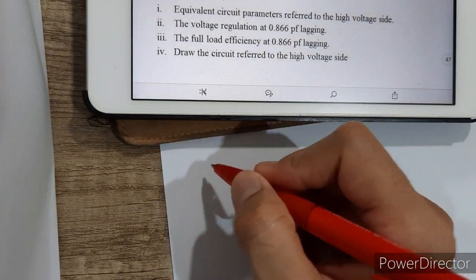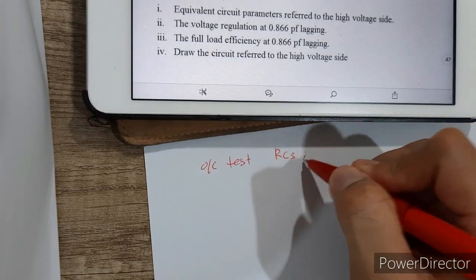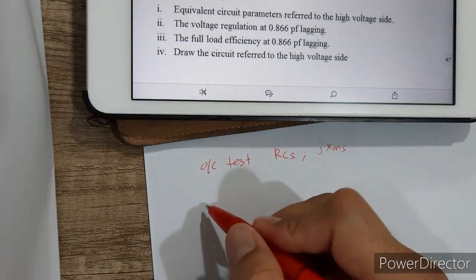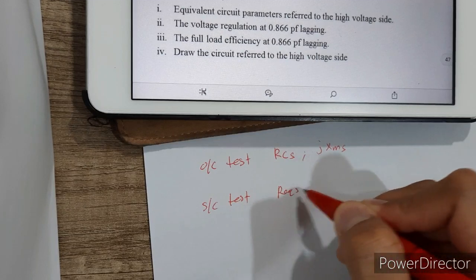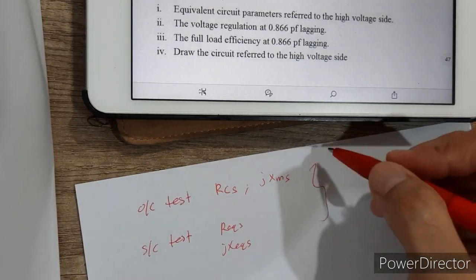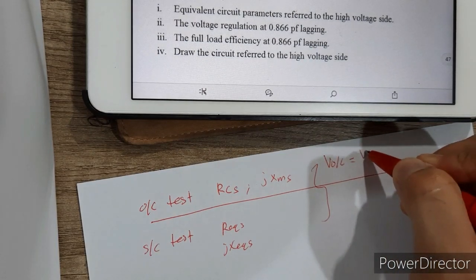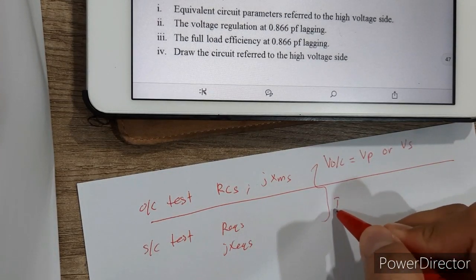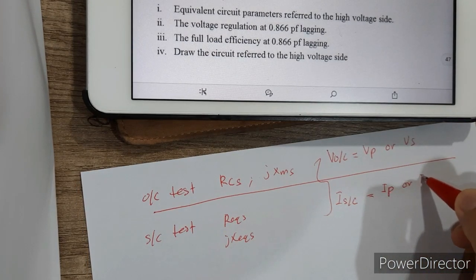So we know that we have to determine from the open circuit test R_C S and jX_M S, and from the short circuit test R equivalent S and jX equivalent S. For sure you have to note that for the open circuit test, V open circuit equals either V_P or V_S, and for the short circuit test, I short circuit equals either I primary or I secondary.